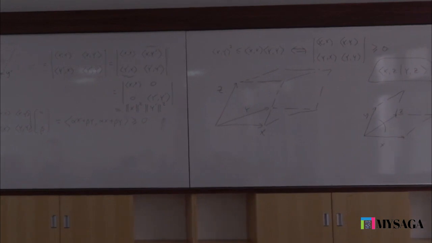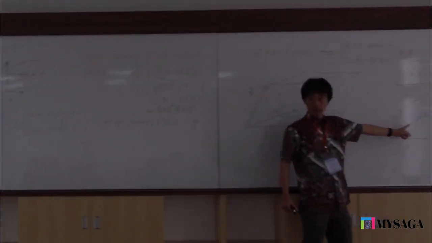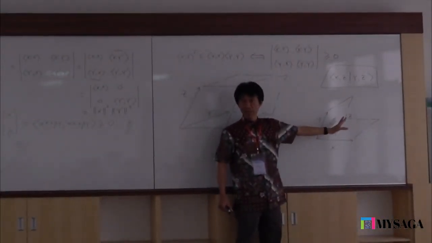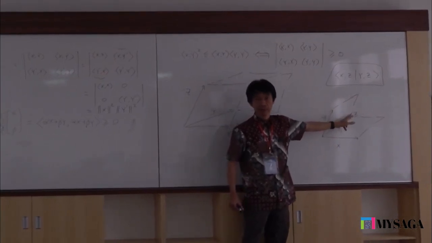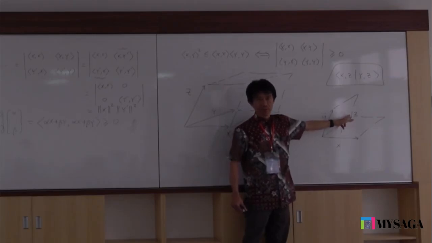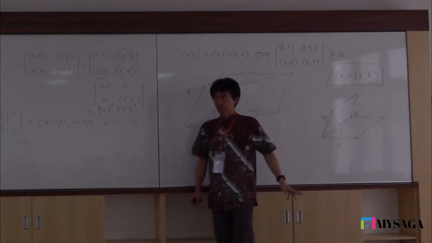So this function is bilinear with respect to the first 2 vectors, but not with respect to other vectors. The other vectors x2 up to xn are like this z, but now imagine there are n minus 1 vectors in place of z.